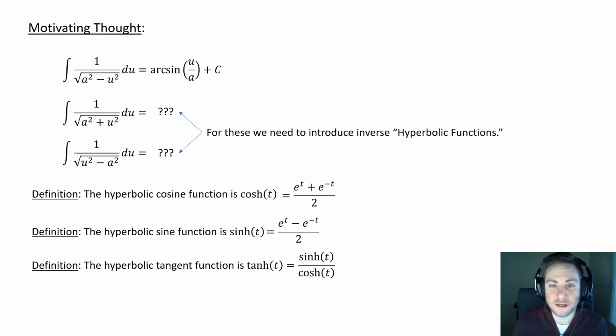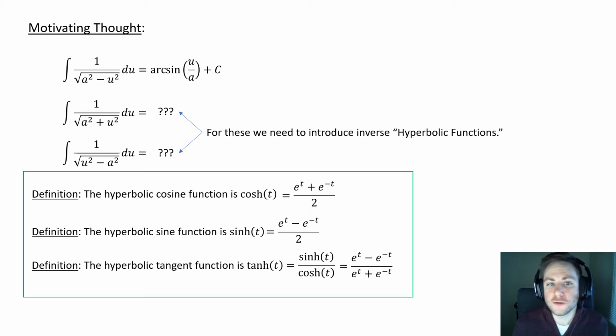If tan is sine over cos, then tanch should be sinh over cosh. That being the case, a formula for tanch of t can be obtained just by dividing the formulas for sinh and cosh respectively. So you can pause and check these details of that formula if necessary. These definitions are the ones we use whenever we need to calculate the value of a hyperbolic function, so make sure to write these down on your formula sheet.